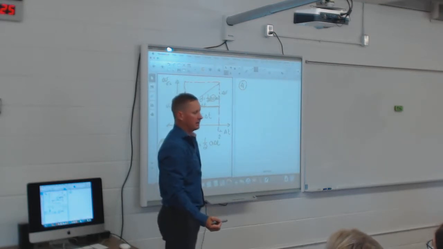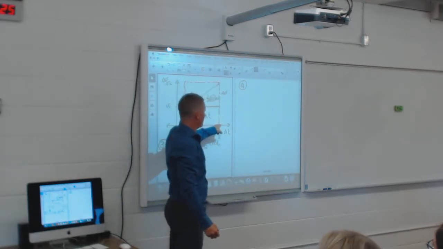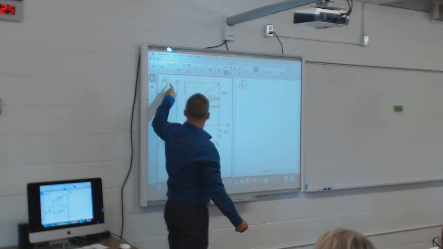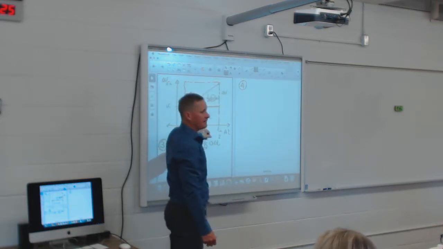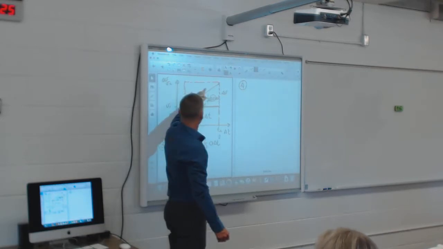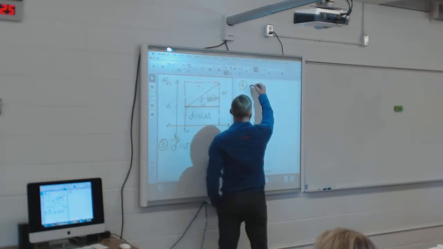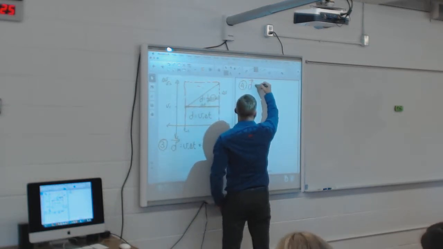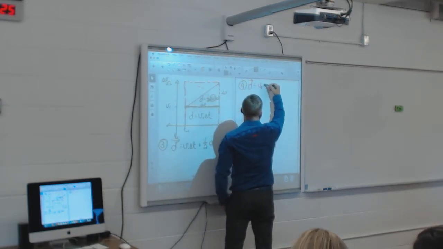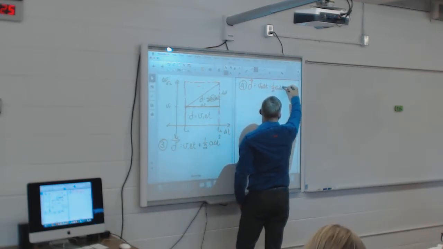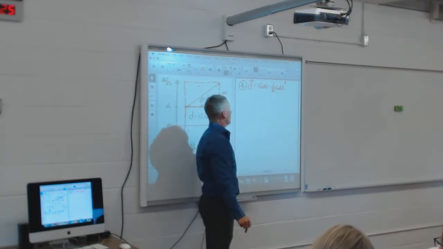So what's the distance from here to here? Put your y value up here, v2. So it's v2 times time minus the area of this triangle right here. So d is equal to v2 times delta t minus 1/2 a delta t squared. Like that.